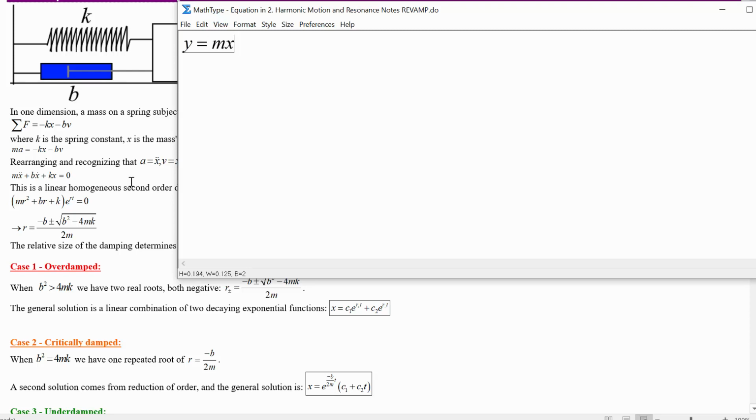And this has the interesting and useful mathematical property that if you know what y at x is, this function, y at x, has the property that y at a times x1 plus b times x2 happens to be a times y at x1 plus b times y at x2.